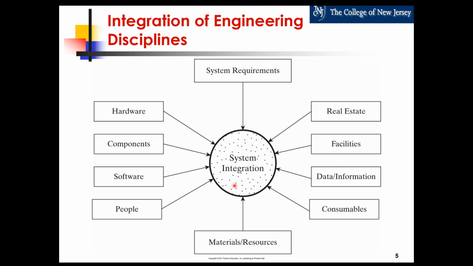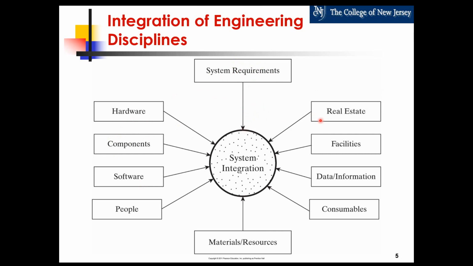So when you have all that, the primary components for system integration, you also would have understood what else you need, things that maybe are not so much of a technical nature. So we talked about hardware, people, materials and resources, software and components, all stemming from the system requirements. But there are other things.